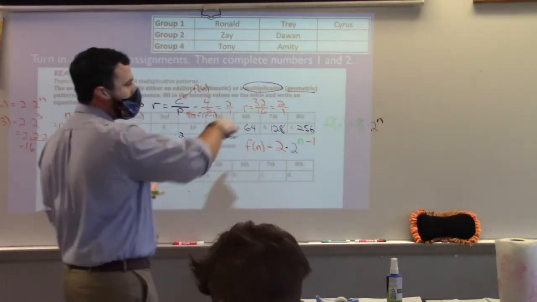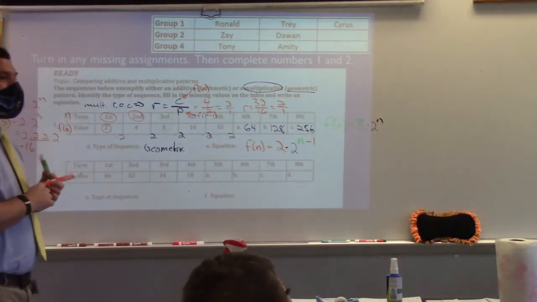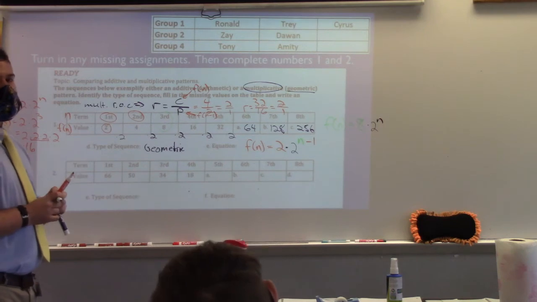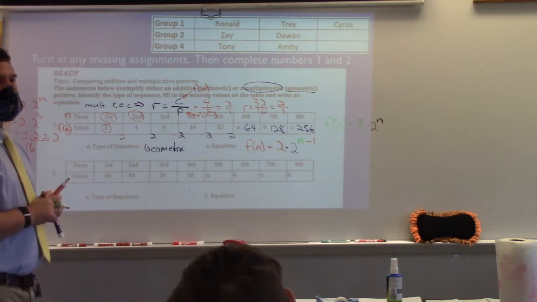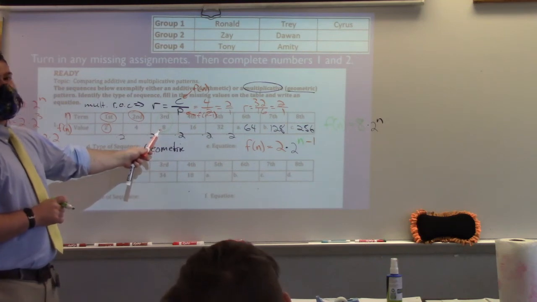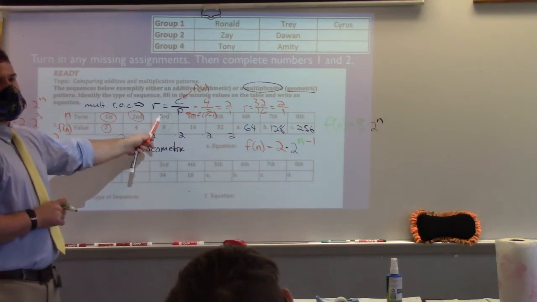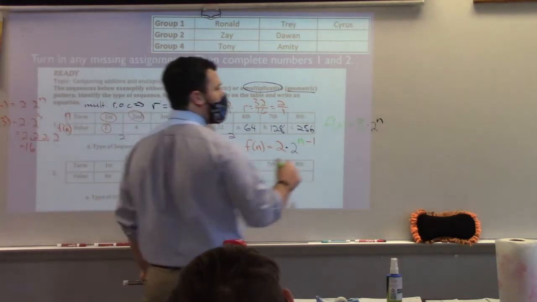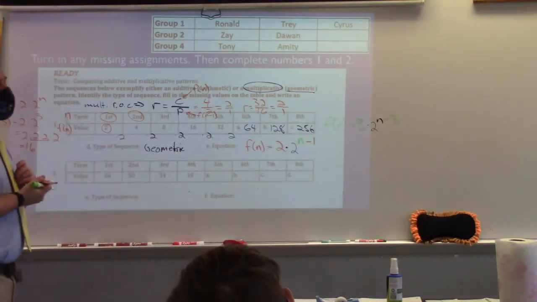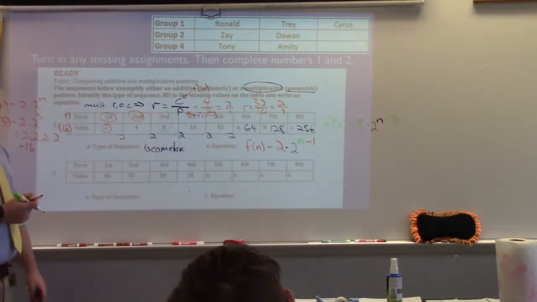But because I started at 8, it needs to be n minus what? 1? Nope. Because I started at 8, it needs to be n minus 3. Yes. I don't need to multiply by that 2 three whole times, because I started at the third term.